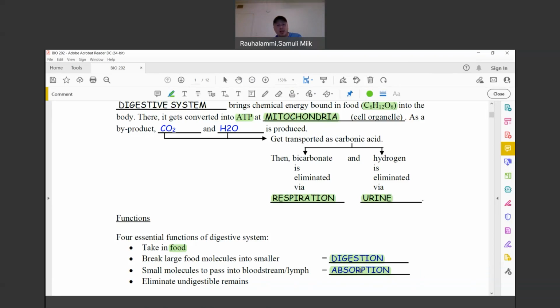So the two terms digestion and absorption are really important, and it's really important for me that you know the difference between them. Digestion, breaking large food molecules into smaller ones; absorption, those small molecules now being able to pass into the body.